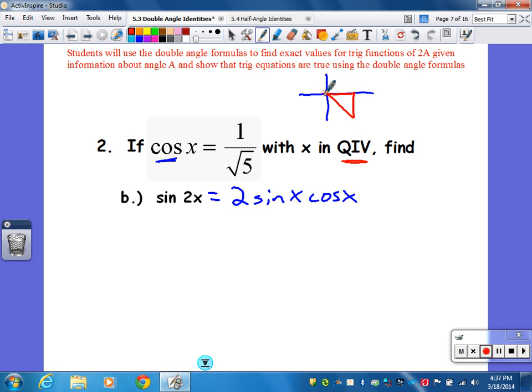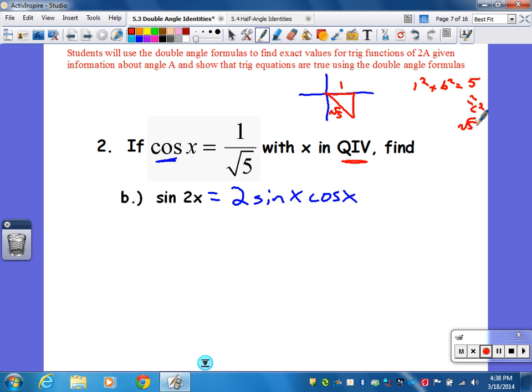Cosine, so we know this is going to be 1 over the square root of 5. And we know that 1 squared plus b squared equals c squared, and c squared is 5, so c is the square root of 5.